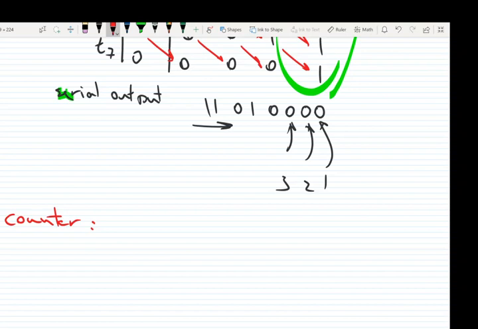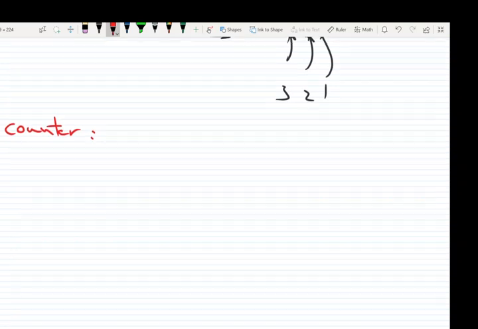To define a counter in a computer engineering or scientific way, a counter is a register that goes through a predetermined sequence of binary states.